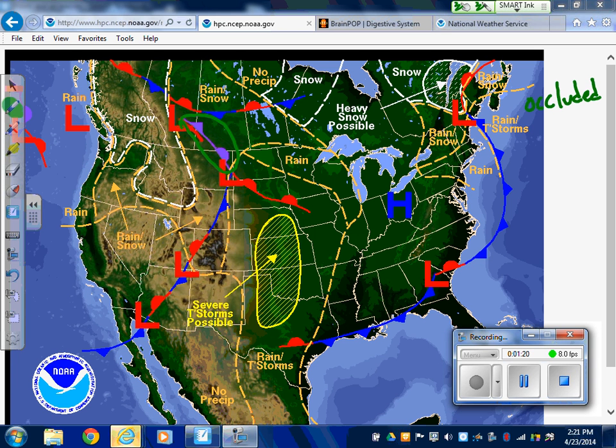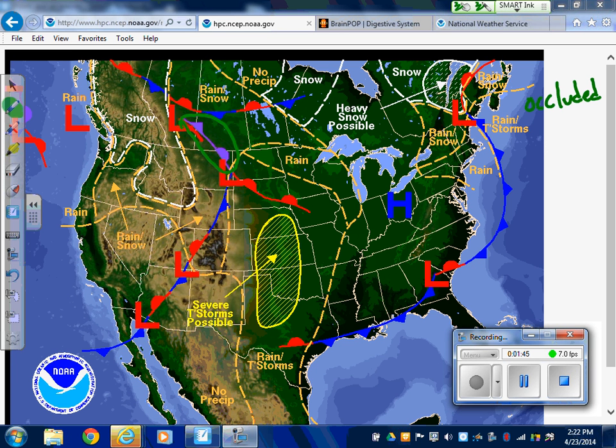You see it has the cold front picture, the pointy thing, and the warm front picture, the round thing, and red plus blue is purple. So rather than going in opposite directions like they are on one of these fronts, they're going in the same direction. And I'll show you a picture in a few minutes. But basically, there's three fronts coming together.